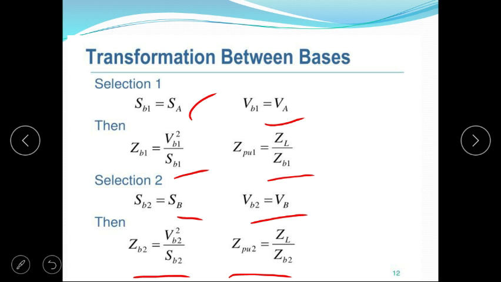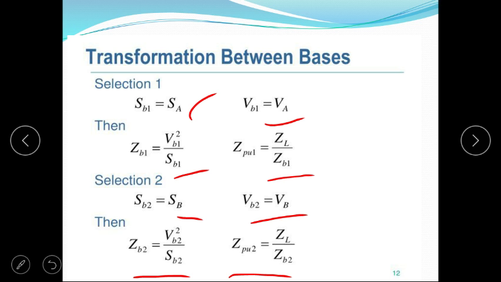Now transformation between bases. It means if we find the per unit value on a base value of 1 and then the base values are changed, then the per unit value also changes. So the new base values are 2.